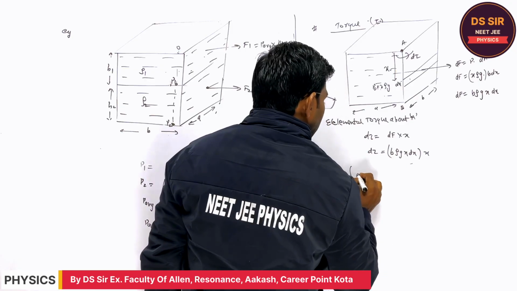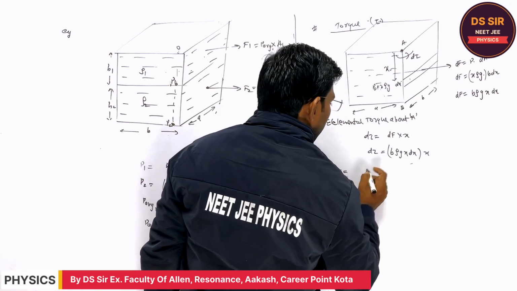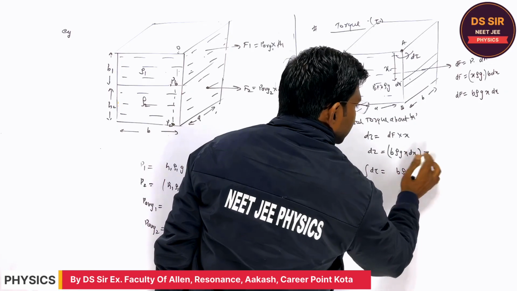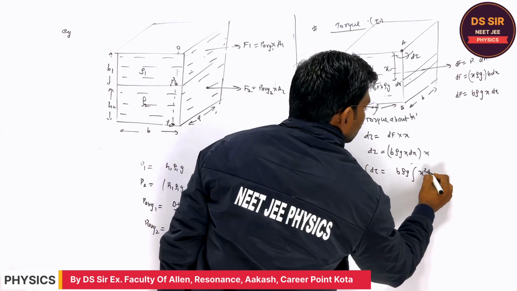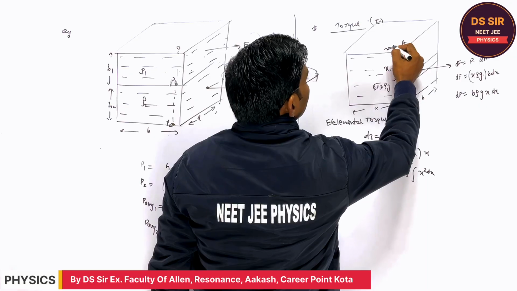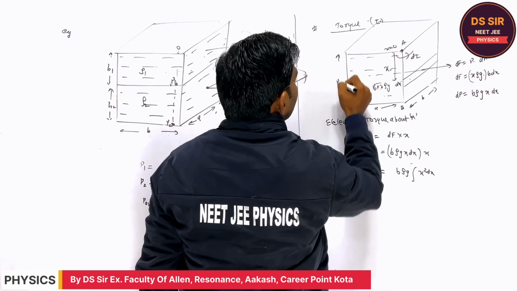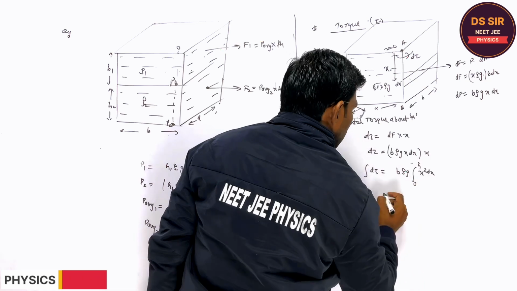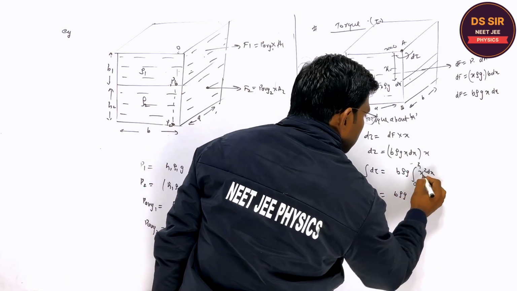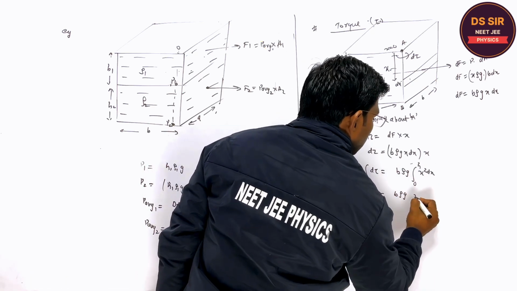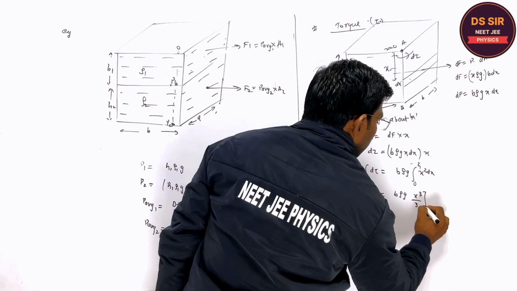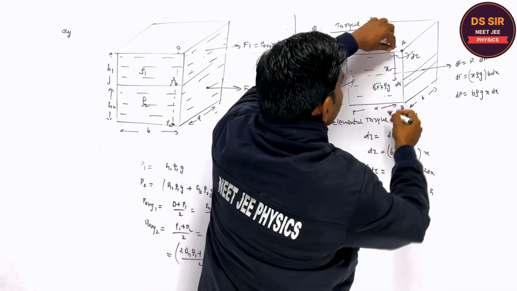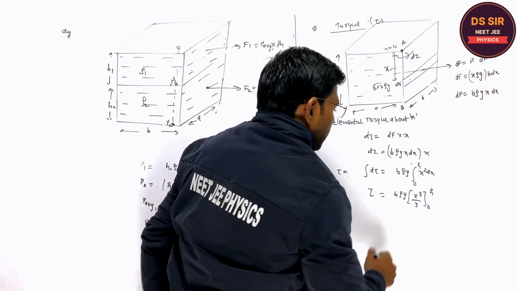So to find the net torque, what you have to do? You have to integrate B rho g x into x. It becomes x square into dx, and x varies from 0 to, suppose this is the depth h, from 0 to h. So B rho g, right, and the torque is x cube upon 3 from 0 to h. So the net torque about this is what?